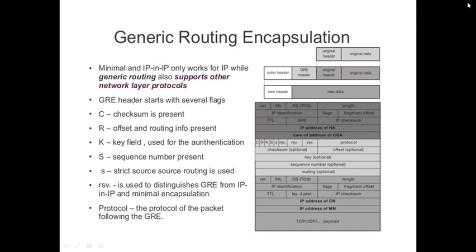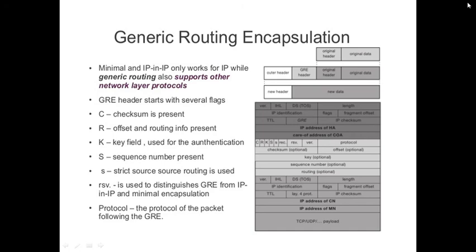Sequence numbers may be used by the decapsulator to restore the packet order, just the packet order. And if the small s bit is set, strict source routing is used for routing the packets from source to destination.